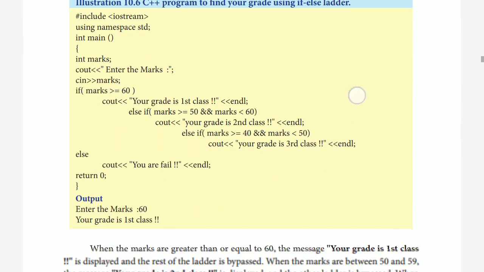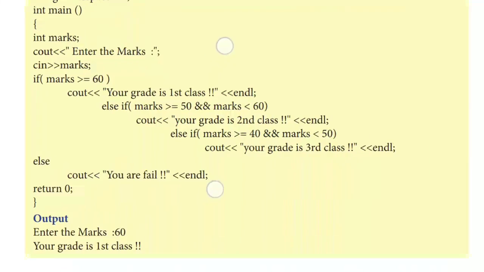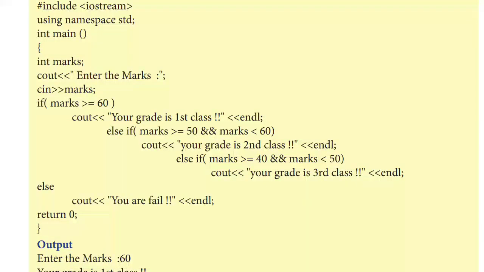So there is an example for this also. Here you can see that they get the mark from the user, and the condition is, if the mark is greater than or equal to 60, then your grade is first class. Else, if the condition becomes false, if the mark is not greater than or equal to 60, then it checks another condition here.